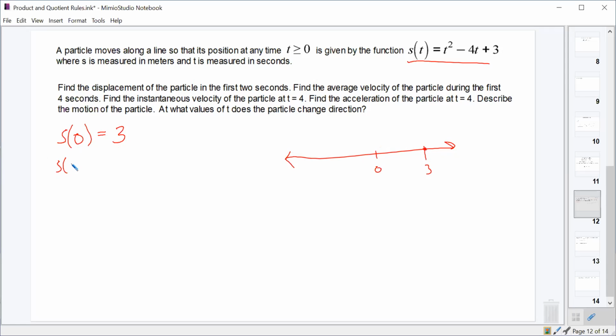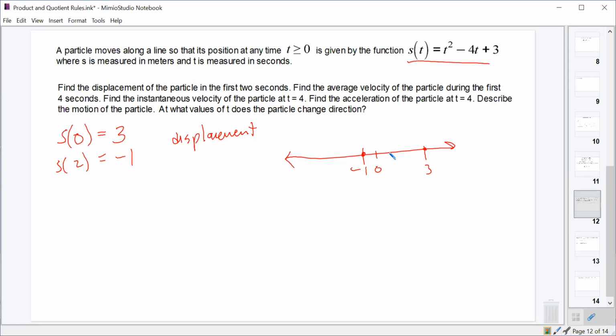And what's our position at 2 seconds? -1, which means we're ending up here, which means we had a displacement of what? -1.